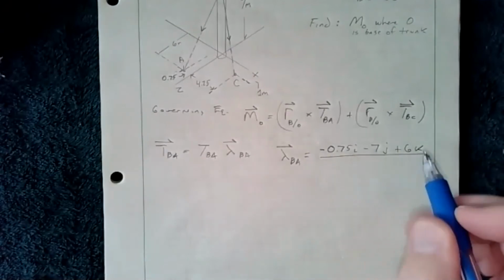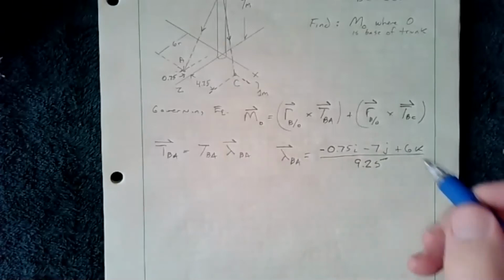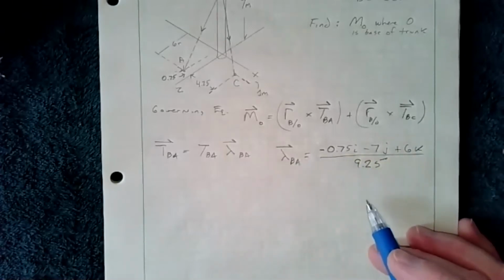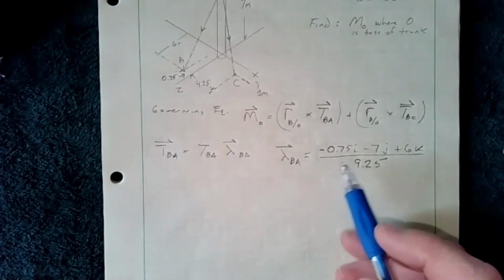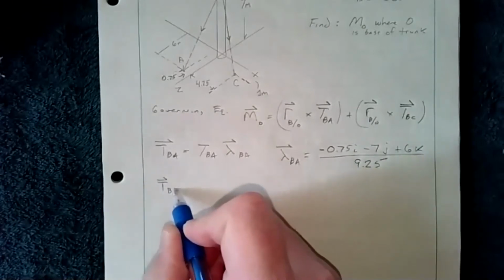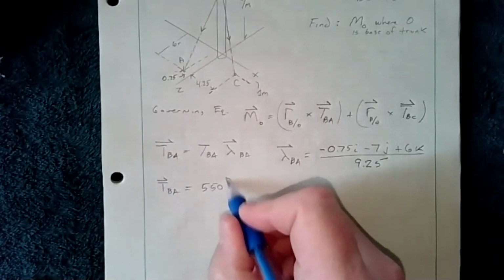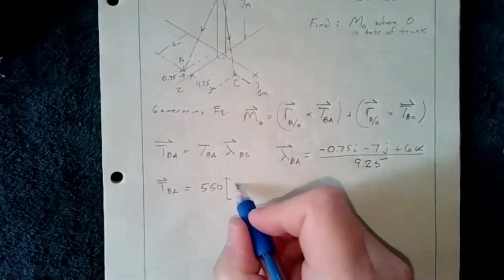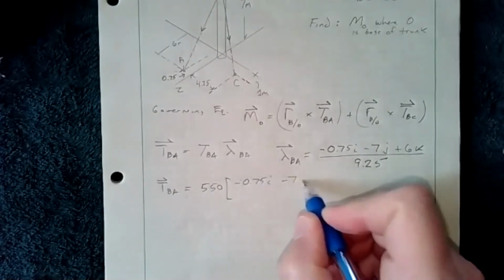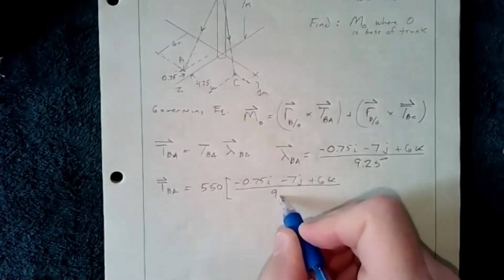Take the magnitude of those, we get 9.25. Now I don't usually put units here because they cancel. Lambda is a unitless value. And so if we multiply through, we get TBA equal to 550 multiplied by negative 0.75 I minus 7J plus 6K all over 9.25.